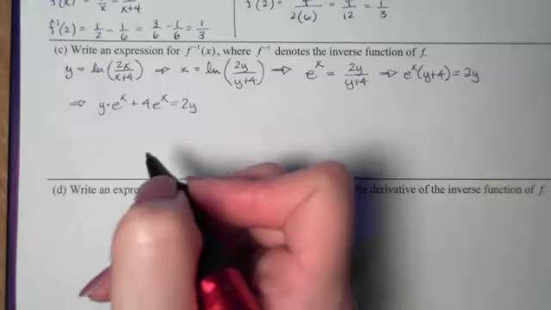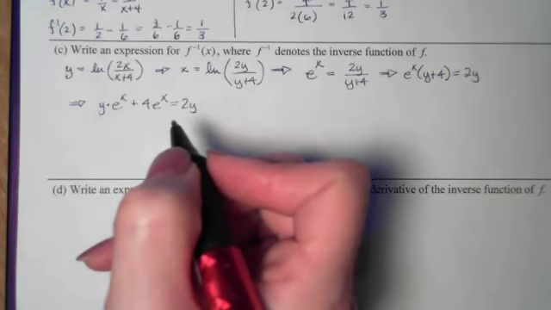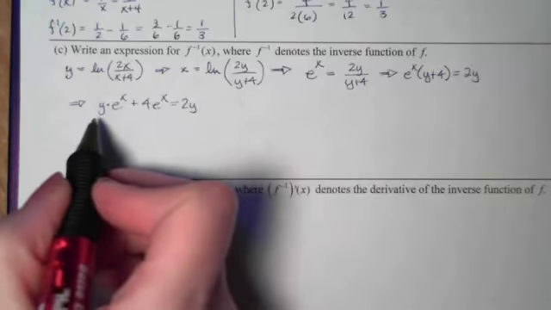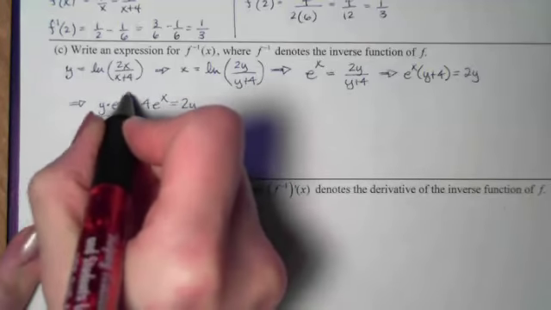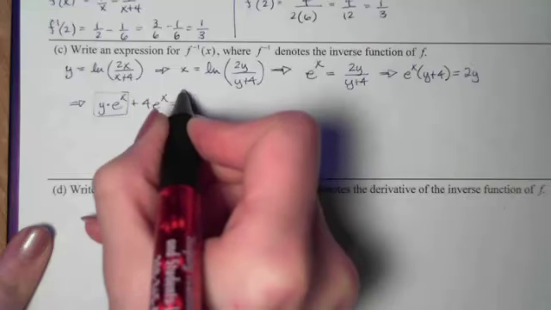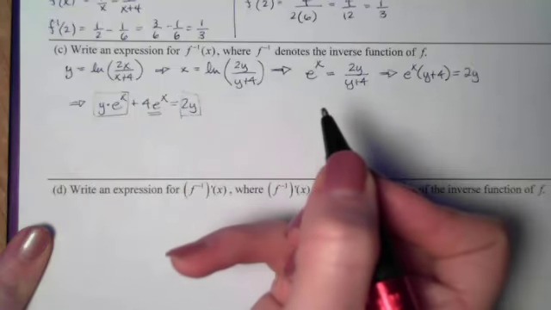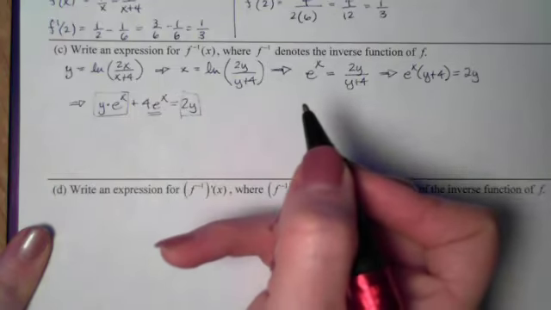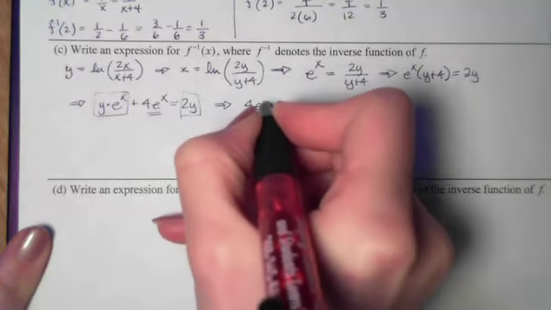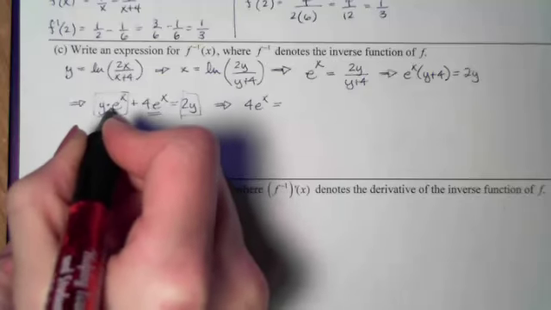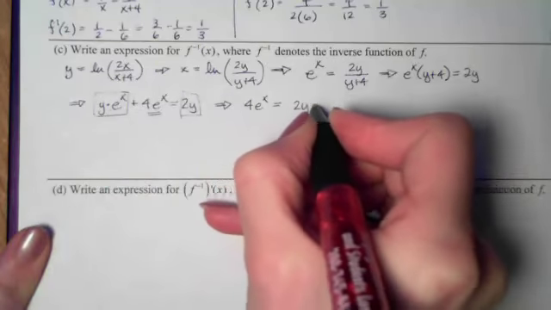Now, just like I've done and practiced multiple times in section 3.6 with implicit differentiation, I see that I have two terms here involving y, and I have one term that does not involve y. So I'm going to put the things that have y's together and the things that don't have y's on the other side. The most efficient way to do that is to move this one to the other side.